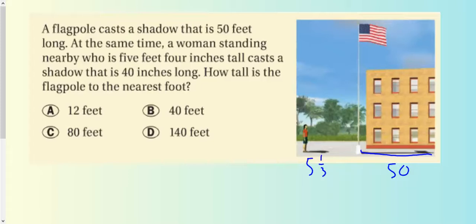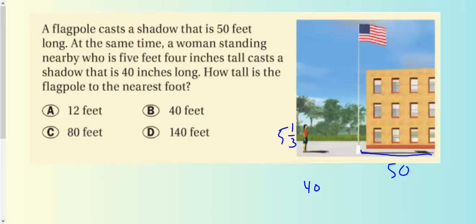Cast a shadow that is, oops. The woman is 5 feet 4 inches. Okay, that's her height. And her shadow is 40 inches long. Okay, so I'm going to go with inches on this. I'm going to grab a calculator.